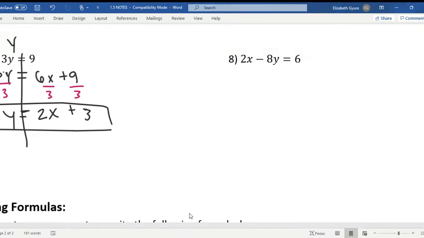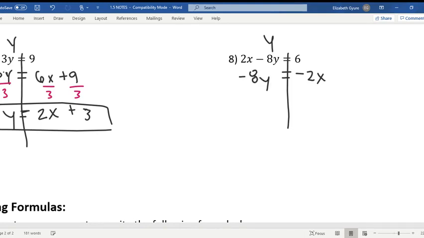So number 8, get your 2 columns. We got 2x minus 8y equals 6. We want to get the y all by itself. Asia, 2x, stay or go. Goes and becomes negative 2x. Lynn, negative 8y, stay or go. Stays.